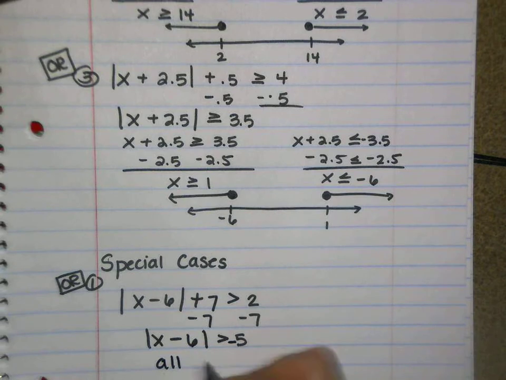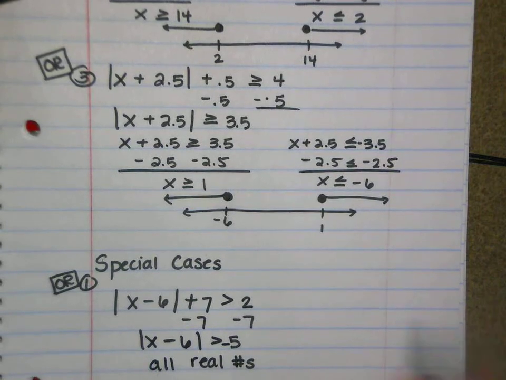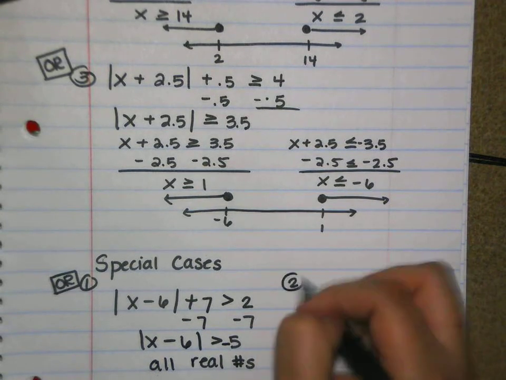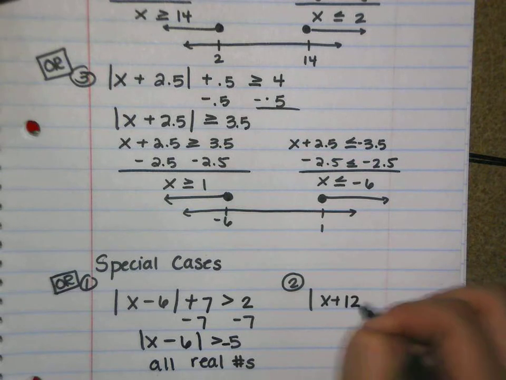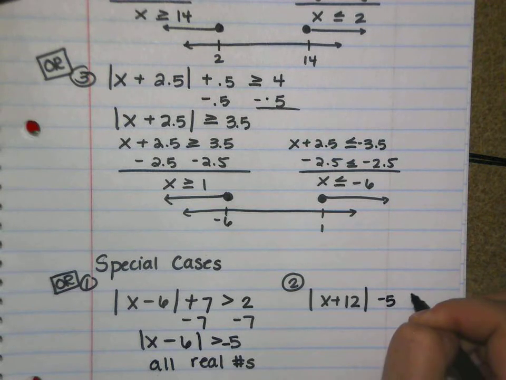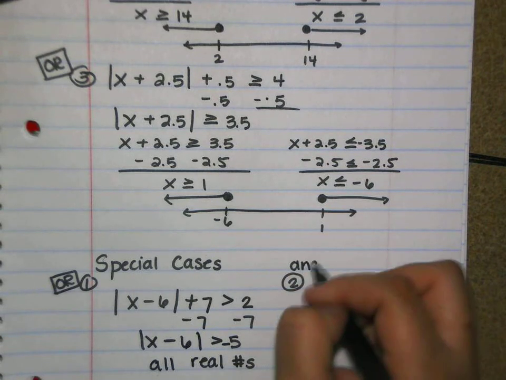Okay, and then we have this different case where we have the absolute value of x plus 12 minus 5 is less than or equal to negative 6. Well, that's less than, so we know that's an and situation first of all, right? So we'll mark that. Okay, then we add 5 to both sides.